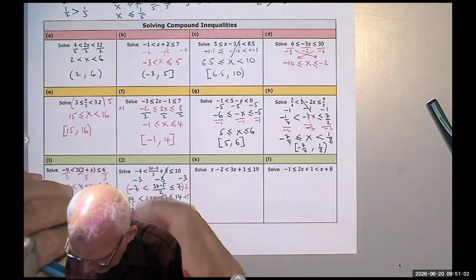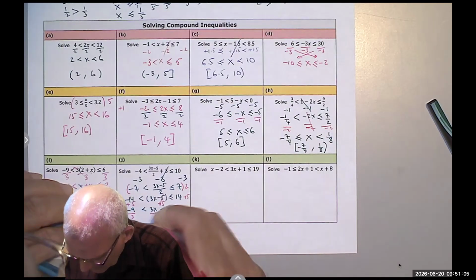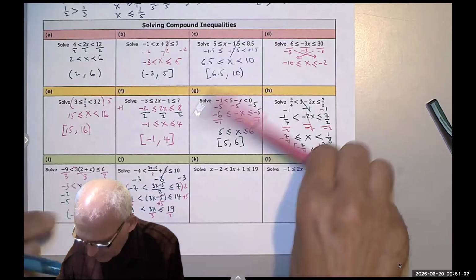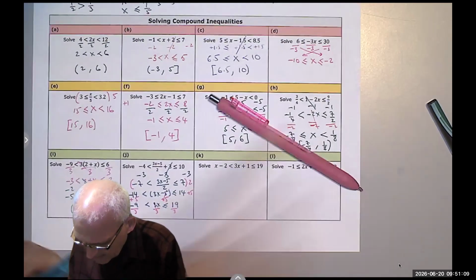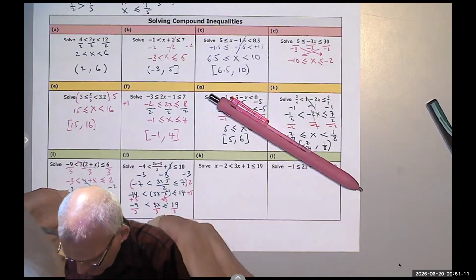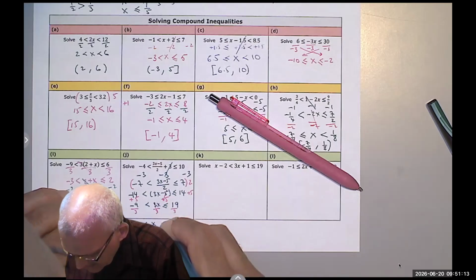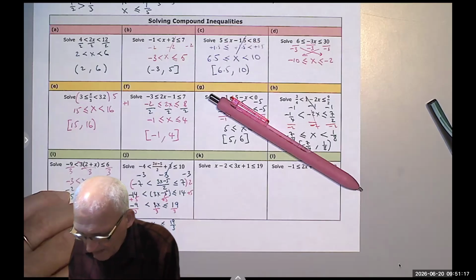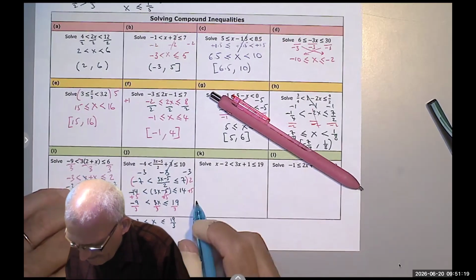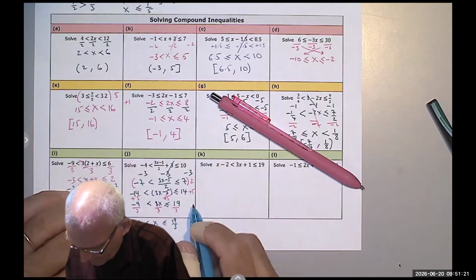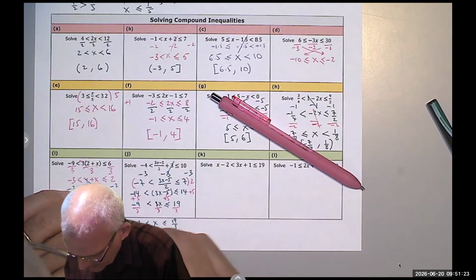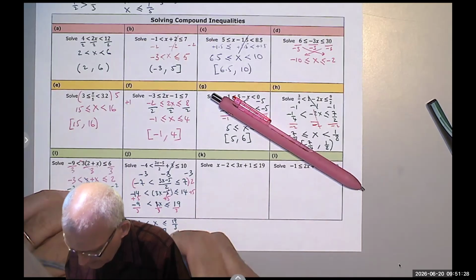Then I divide by 3. Notice I divide by a positive number, so I'm not going to mess up with the inequalities. It's -3 less than x less than or equal to 19/3. So I can write it as -3, 19/3 bracket.